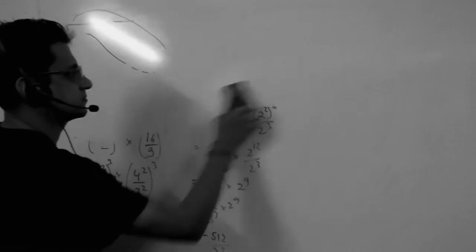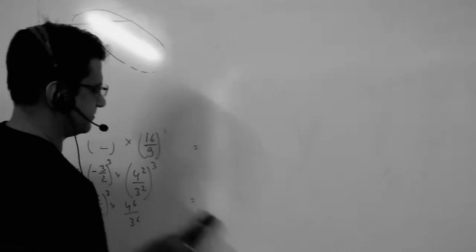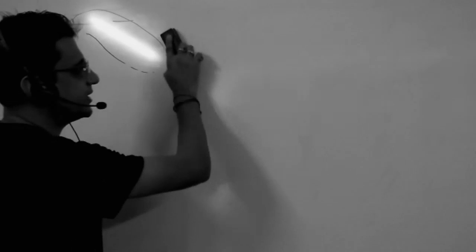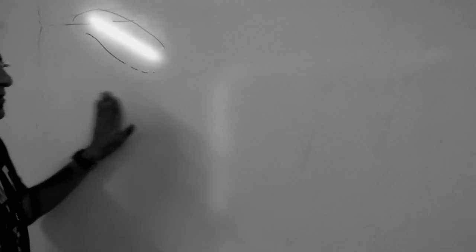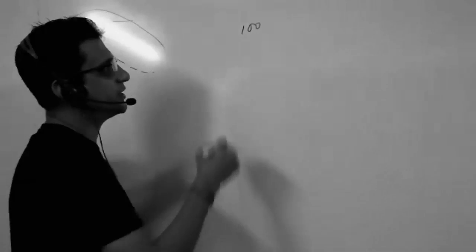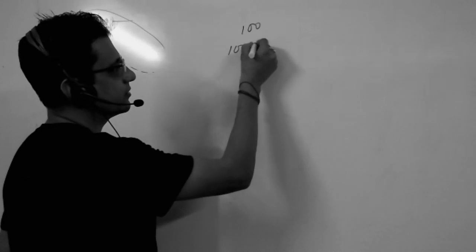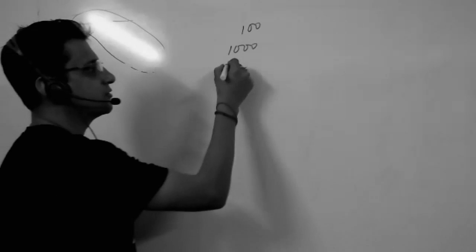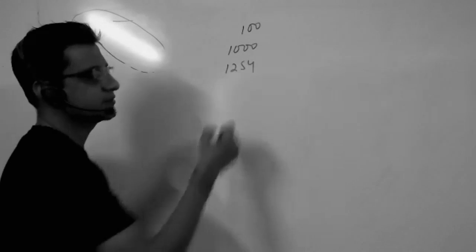Yes, sir. In the same chapter, the next topic is regarding the usual and standard way of writing any number. If I tell you 100, how will you write it? If I ask you to write 1000, how will you write it? If I ask you to write 1254, it is 1254.